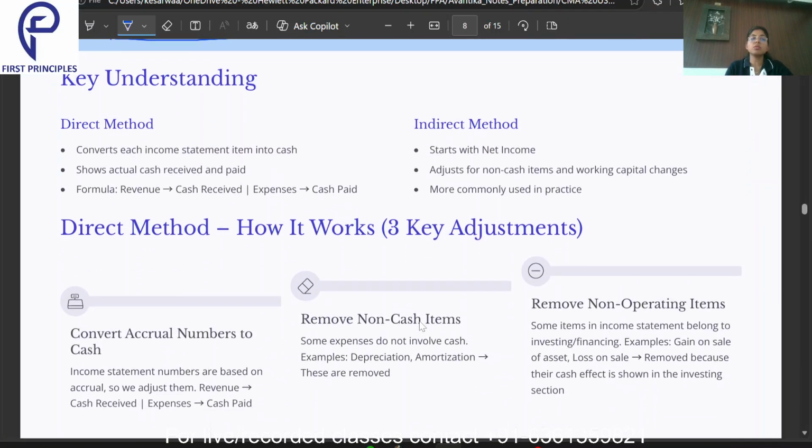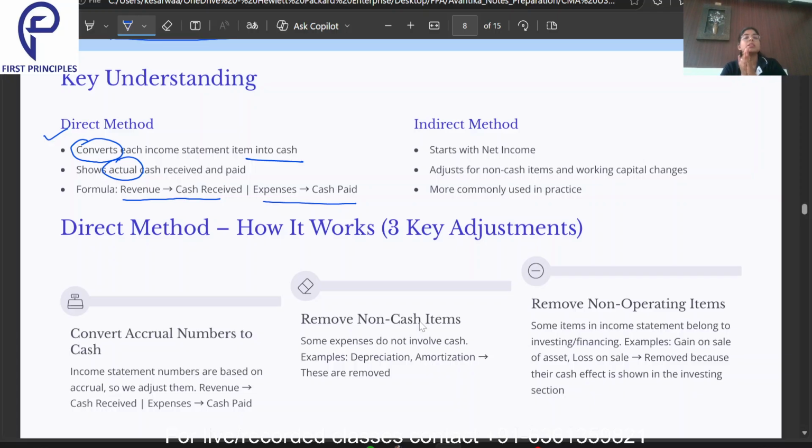Now about the direct method, it converts each income statement item into cash and shows actual cash received and paid. And what's the formula? Revenue is equivalent to the cash actually received, and expenses are equivalent to the cash actually paid. Let's take an example.